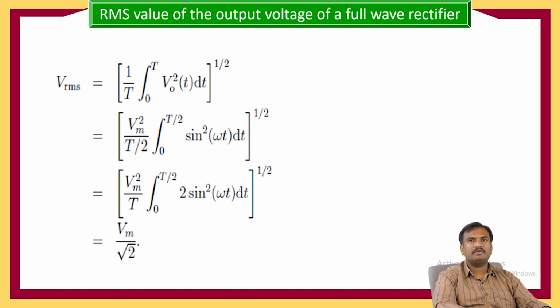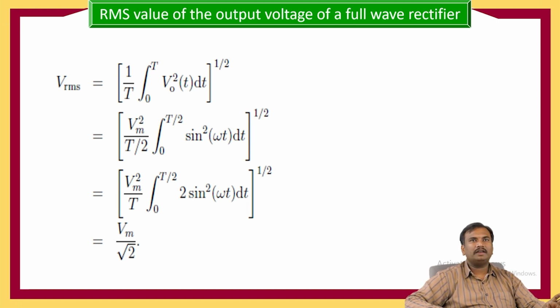Here in place of sine square omega t, we substitute (1 minus cos 2 omega t) by 2, and if you do the integration and substitute the limits, we are going to get the VRMS value as Vm by root 2.